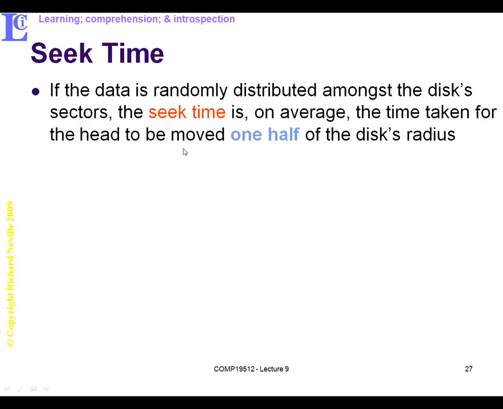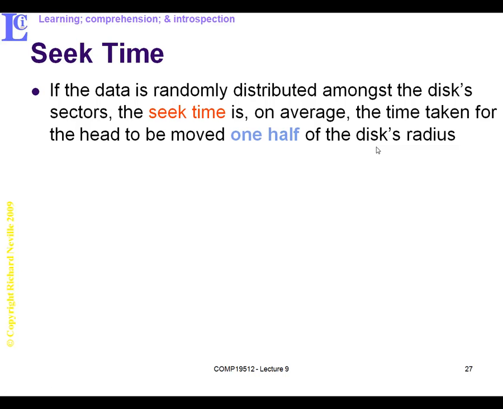Let's move on and say normally the data which we may want is randomly distributed across the disk, across the sectors and tracks. So what on average is a seek time? How could we work out a figure to calculate this? Well, let's just say that it takes nominally 1/2 of a disk radius to move to the correct location.